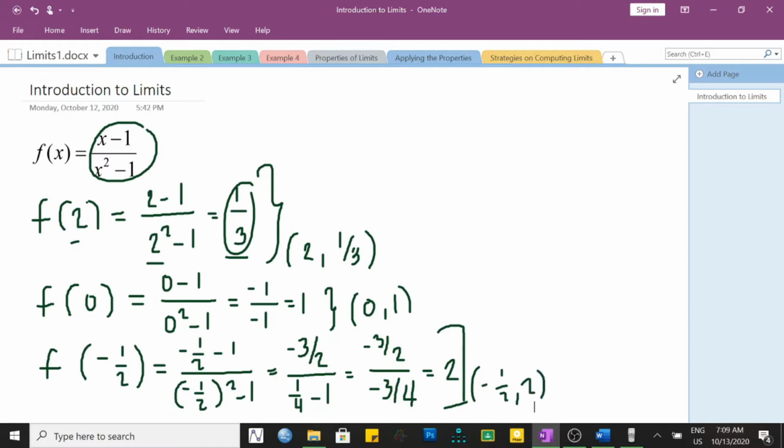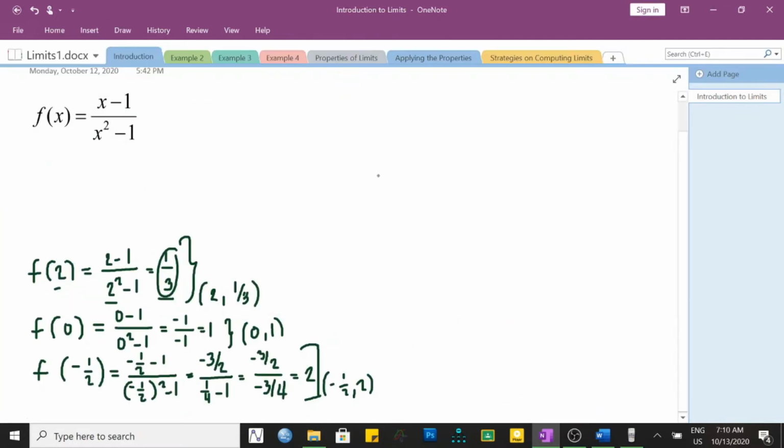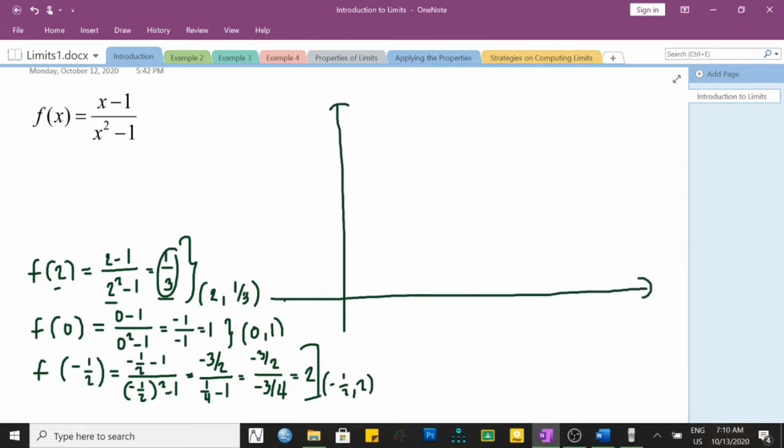Let us reduce first the size of this one. Let us now build our Cartesian plane. Let us plot. We start with 2 and 1/3. Maybe that point is somewhere here. And then we have 0 and 1.